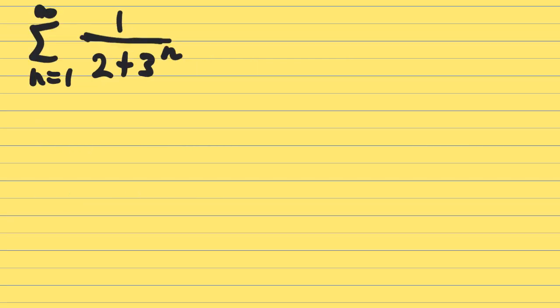Our first example, we have the sum from 1 to infinity of 1 over 2 plus 3 to the n. This is very much like 1 over 3 to the n, if you just ignore the plus 2, sort of look at your dominant terms. This is very comparable, and this is a geometric series.